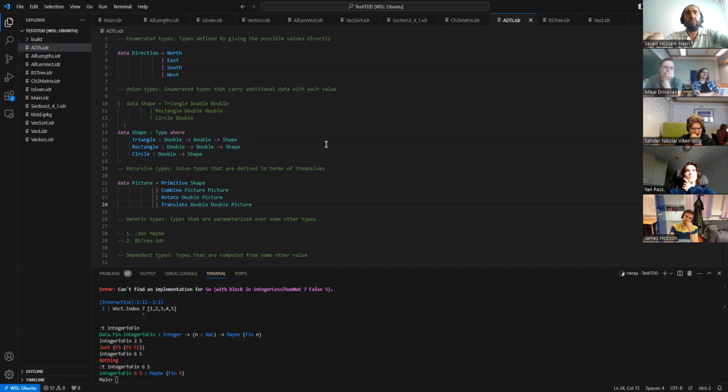What is there to observe is that the name of the data type, Picture, is showing up both on the right-hand side and on the left-hand side, which is why we call them recursive.